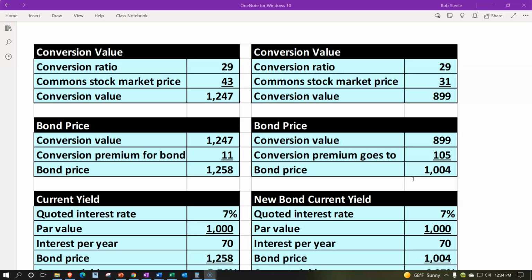So the fluctuations can be somewhat complex because, again, that one little feature can make it a lot more different of a security than other bonds, which are fairly straightforward instruments, and other straightforward kinds of stocks. So we can, again, try to take different angles to look at these from the stock side of things, from the bond side of things, try to figure out what the value then is of the conversion option.